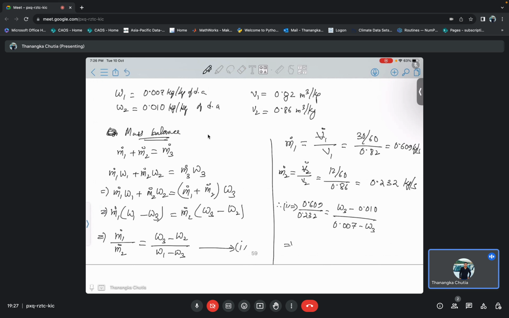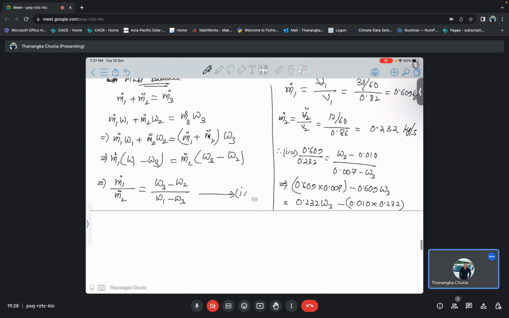Solve this: 0.609 into 0.007 minus 0.609 W3 will be equal to 0.232 W3 minus 0.010 into 0.232.